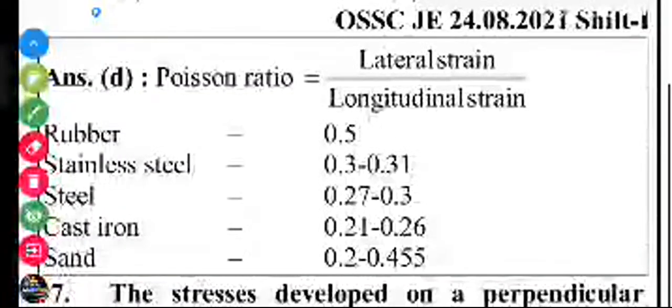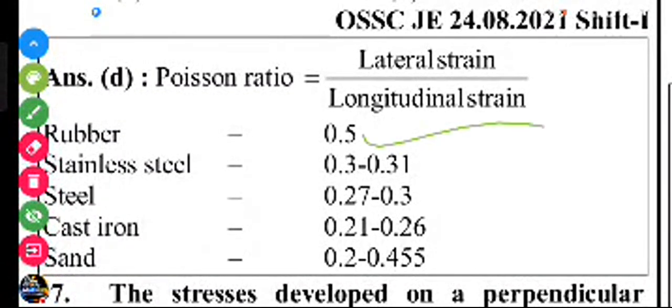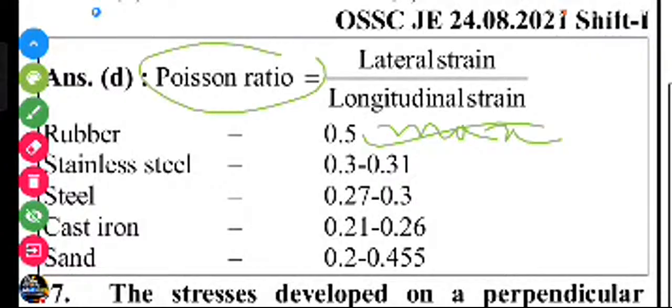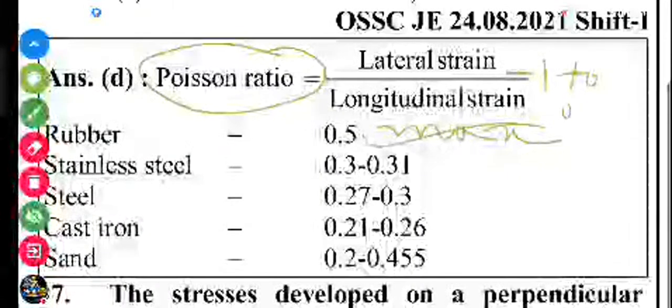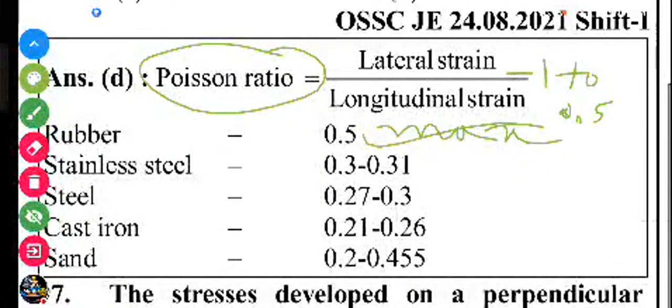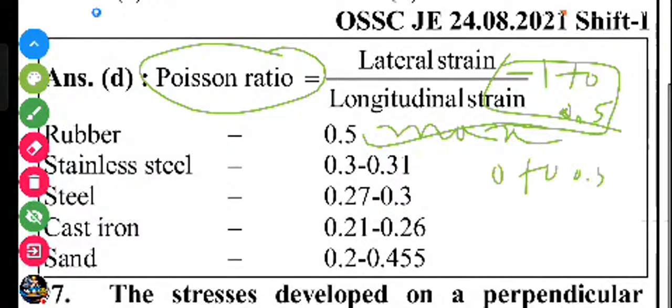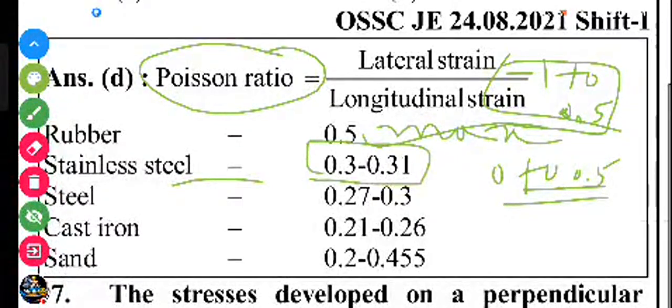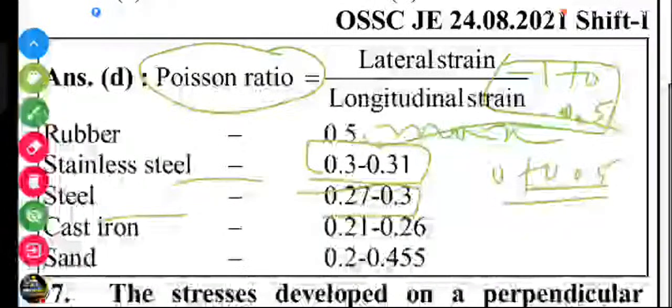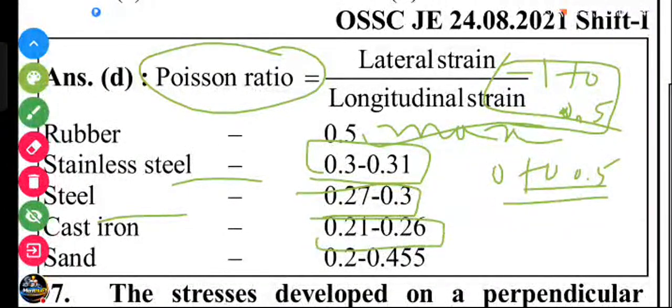Poisson's ratio ranges from minus 1 to 0.5, or 0 to 0.5 we can say. Stainless steel 0.30 to 0.31, steel 0.27 to 0.30, cast iron 0.21 to 0.26, sand 0.2 to 0.455.